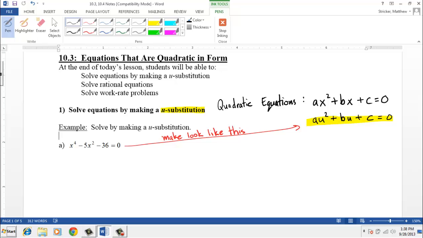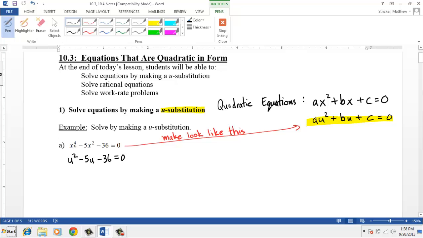And this is not that bad to do as long as we have the x to the fourth looking like U squared, and we have the x squared looking like U, and the numbers stay the same. Notice that this is now a quadratic equation that looks like the highlighted one over here. The difference is that in this problem U is x squared, and U squared becomes x to the fourth.